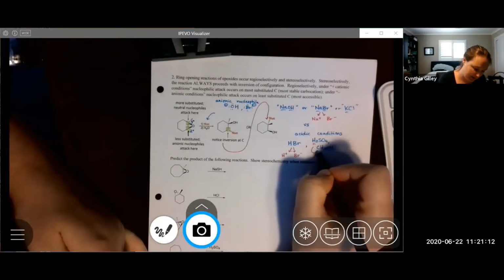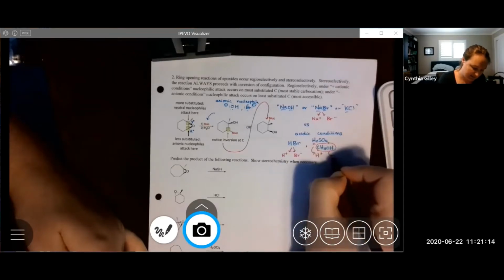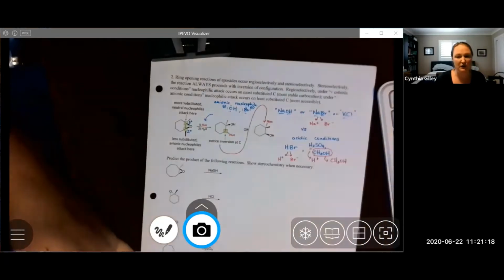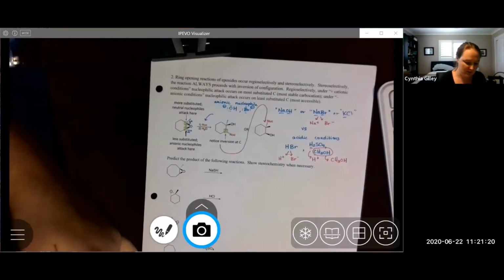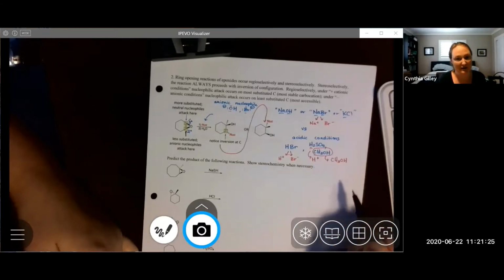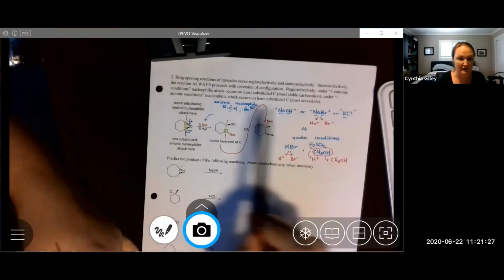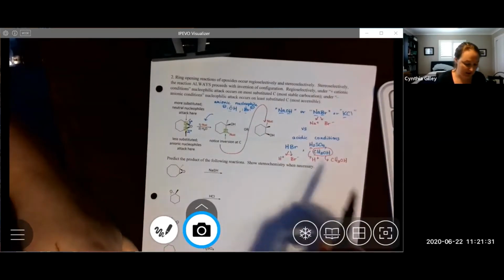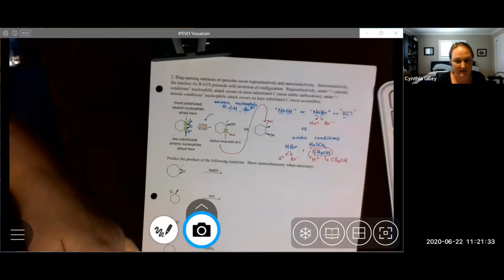This entire thing is the nucleophile, and it's not a strong nucleophile. So you can use weak nucleophiles under acidic conditions, whereas you would have to use strong nucleophiles under the other conditions.